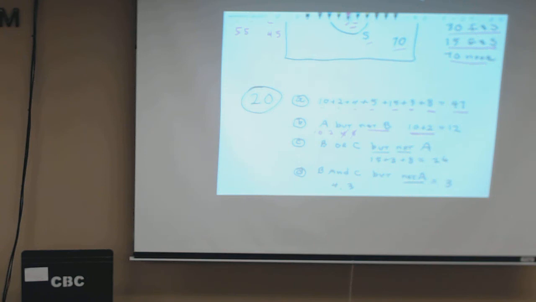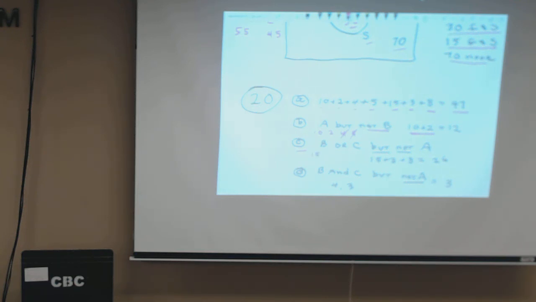So C, what's it say? How many people buy product B or C but not A? B or C would be 15, 3, 4, 5, 8, and 2.